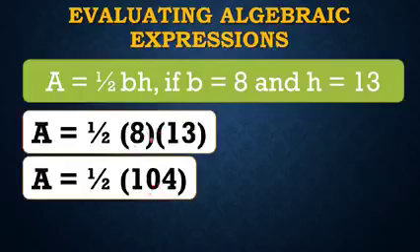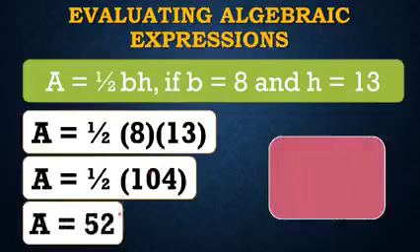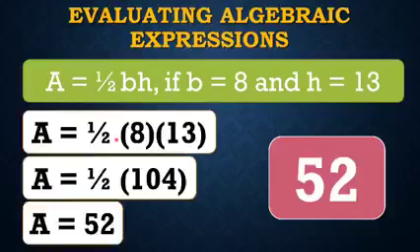After getting the product of 8 and 13, multiply it by 1/2, or get the half of 104, or 104 divided by 2, and that is 52. Thus, area is equal to 52 if b is equal to 8 and h is equal to 13.